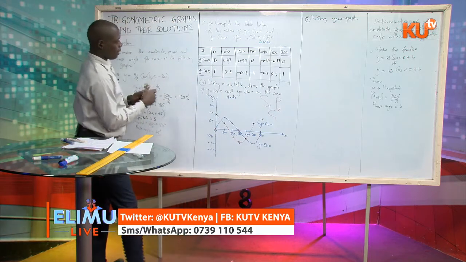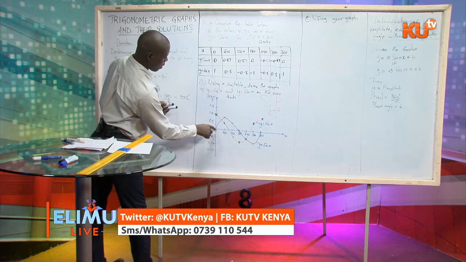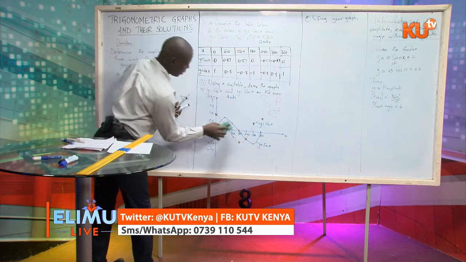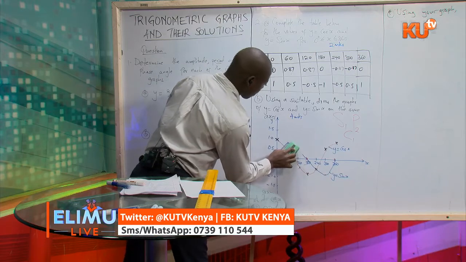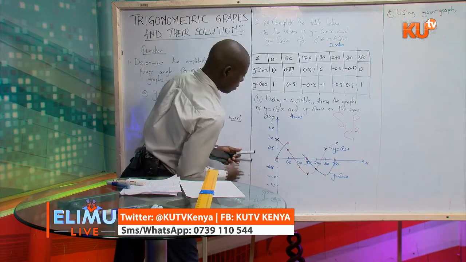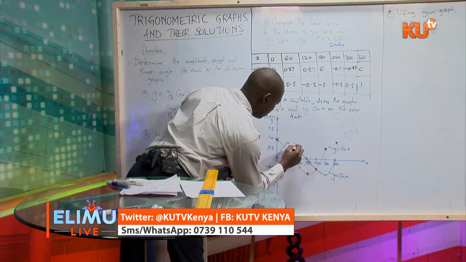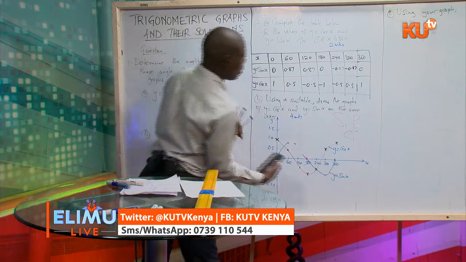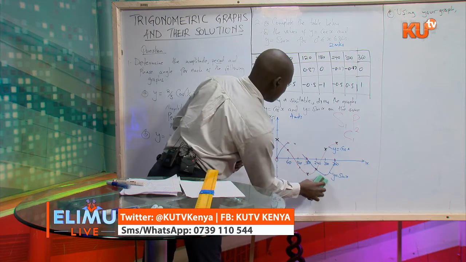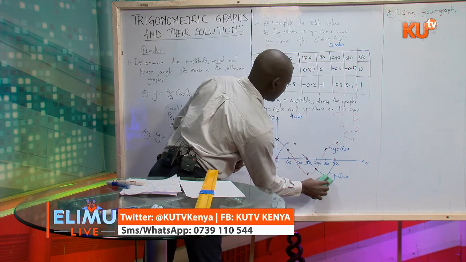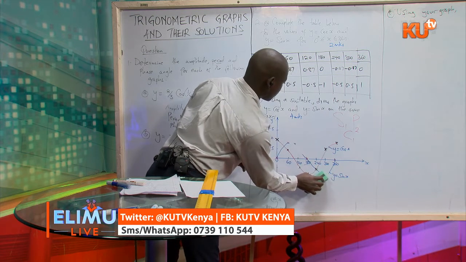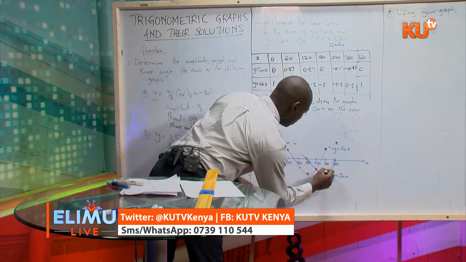That is for the first curve, so 0.87. We'll simply change it here. So we have 0.87, and then again, on the lower side, 300 and 240, this is 0.87.